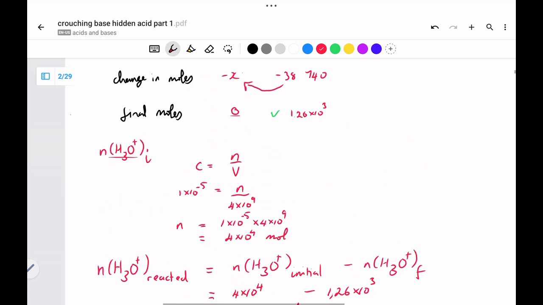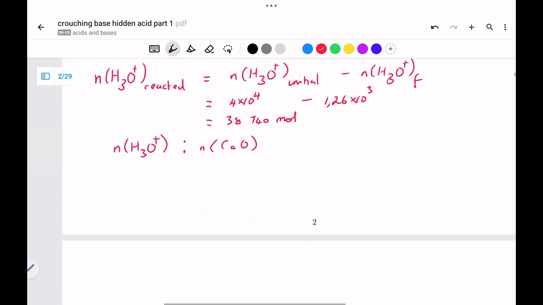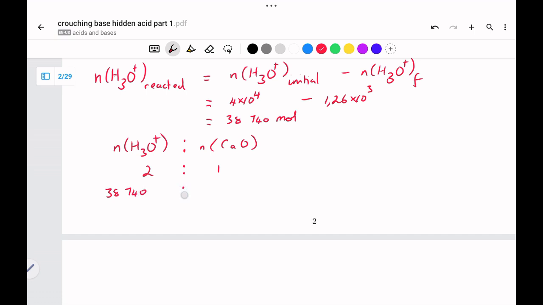It is 2 to 1. If I divide this number by 2, we get 19,370 moles.